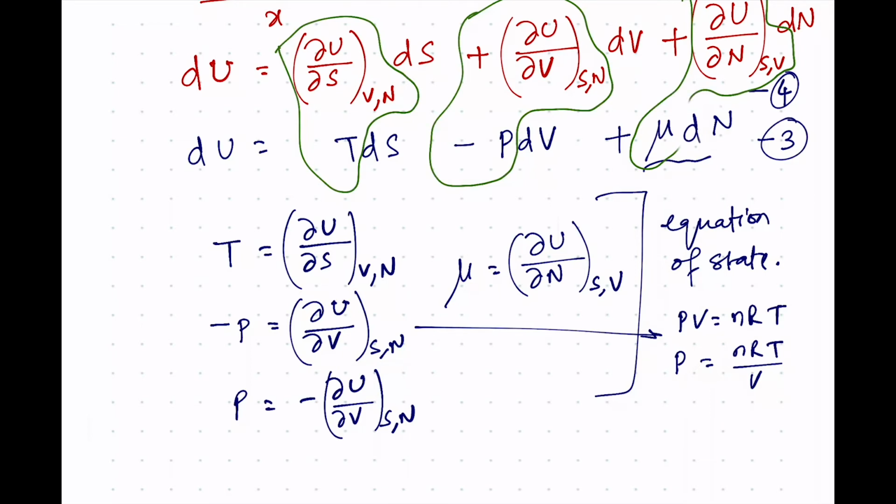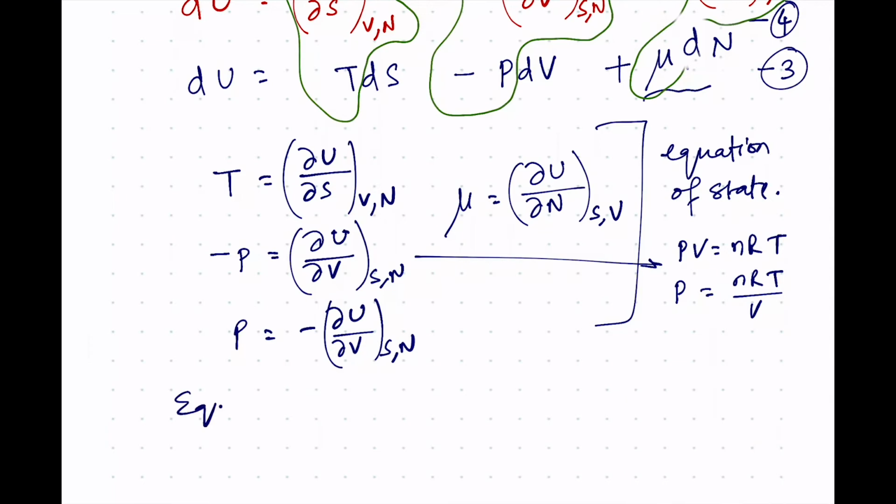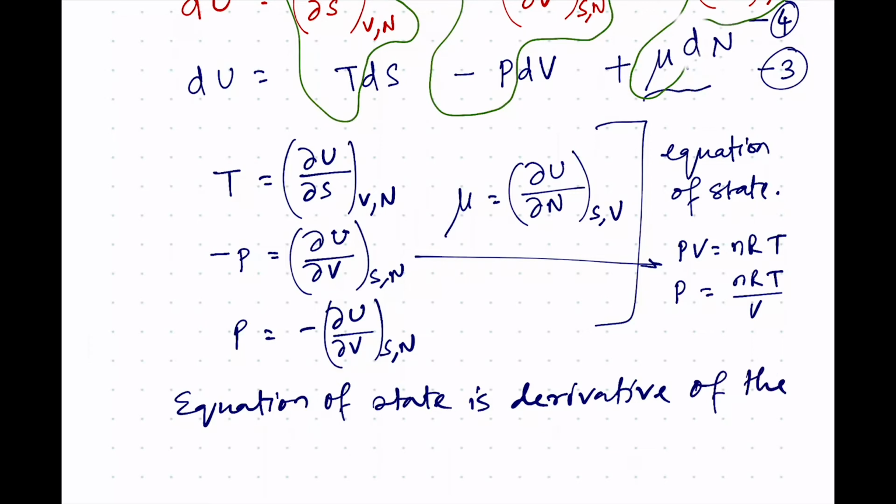So, interestingly, first of all we get this by taking the derivative of u. That means the equation of state is a derivative of the fundamental equation.